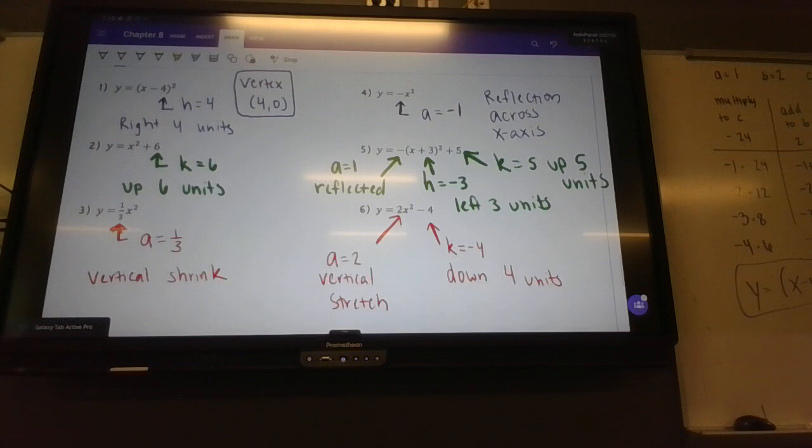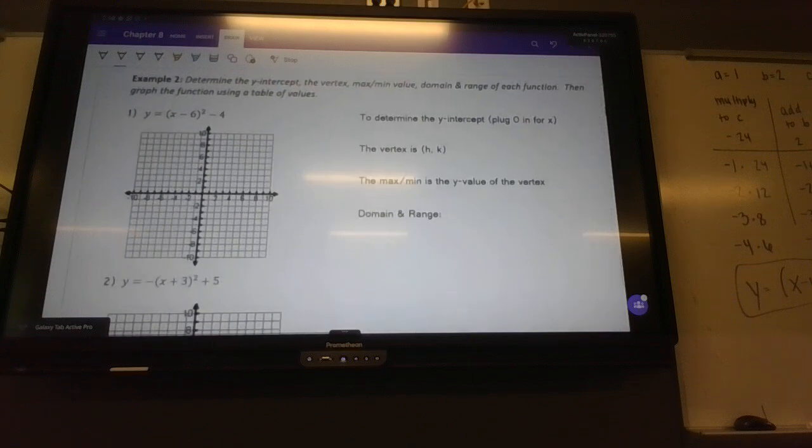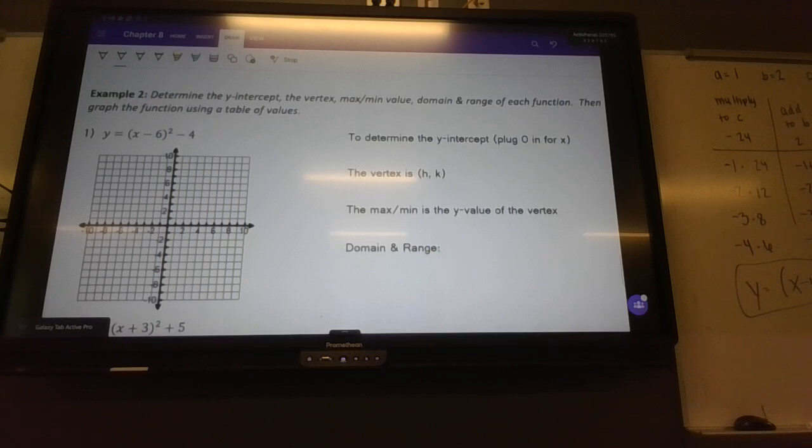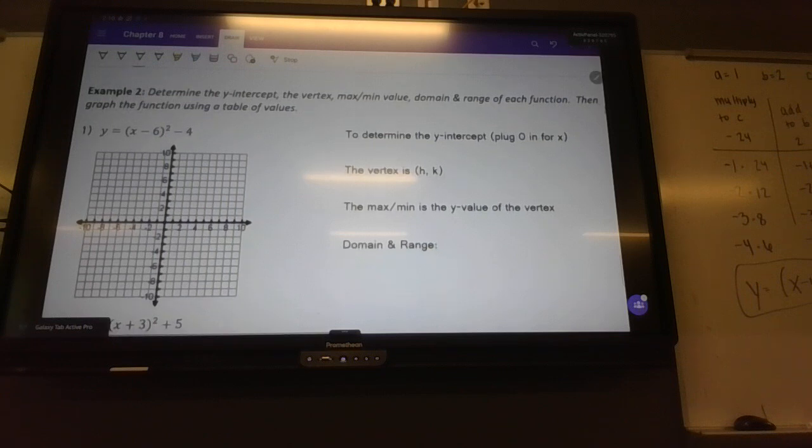Determine y-intercept, vertex, maximum, domain and range, and graph. Holy cannoli. I might shorten that a little bit. I don't know about determine the y-intercept. I'm going to skip that for now.